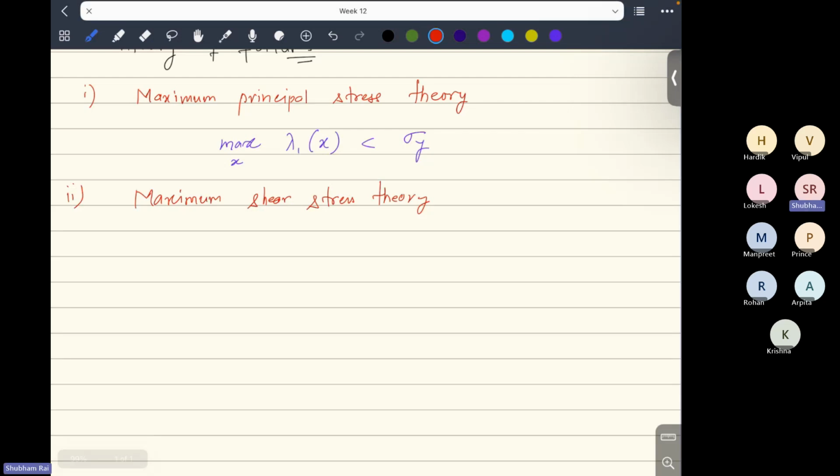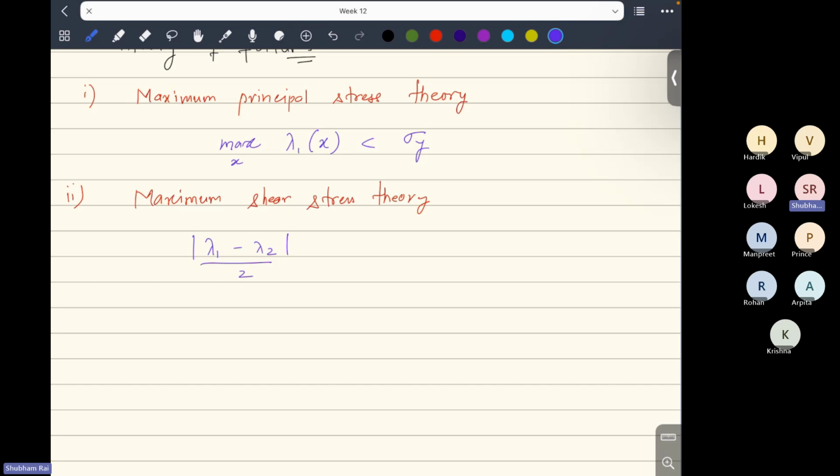If the yield stress is sigma y, then at that yield stress the maximum shear stress will be sigma y by 2. So let's say we have principal stresses lambda 1 and lambda 2, and then divided by 2, this will be the shear stress that you will have in the body.